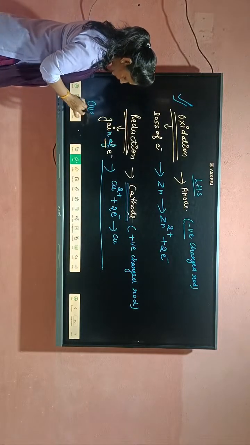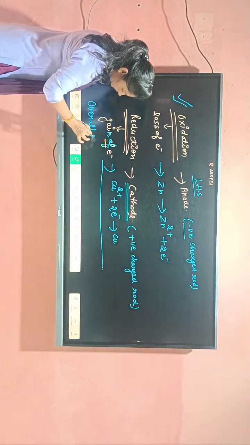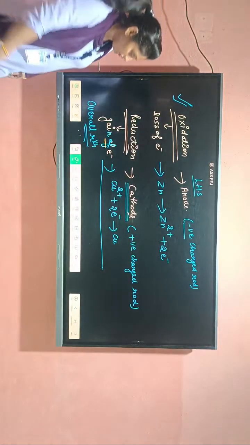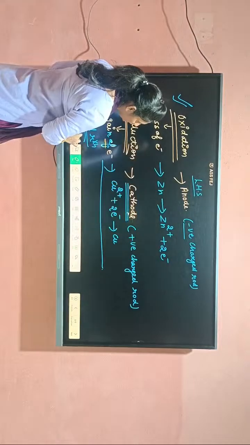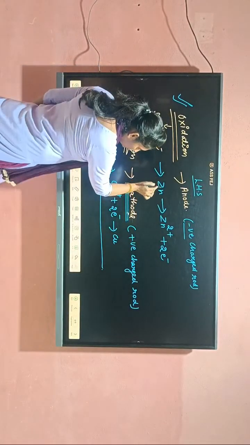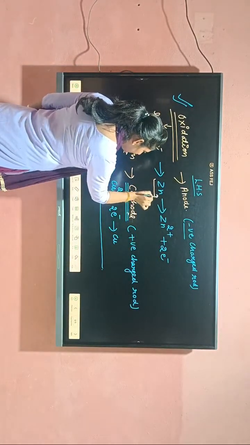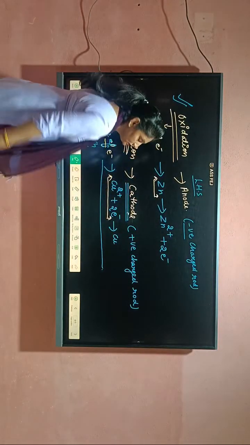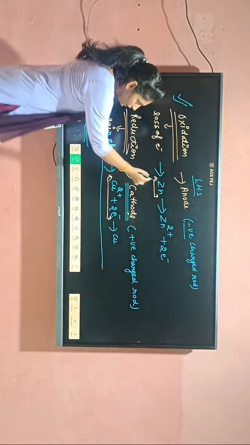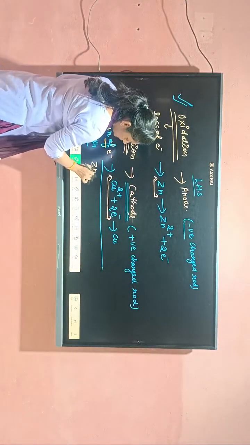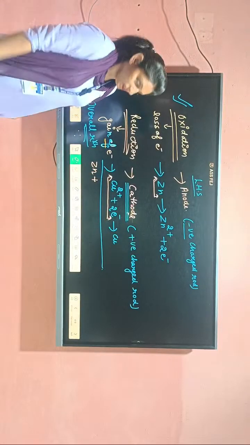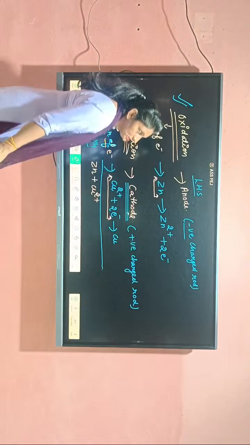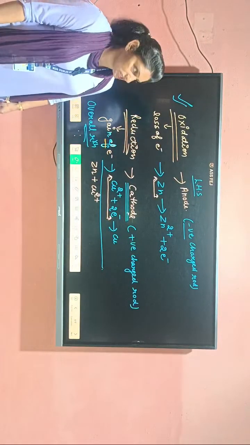Then students, if I want to write the overall reaction, then what will happen? Here you can see, you will add reactants into reactants. Clear? Then students, zinc plus Cu2+ ions. Students, try to understand.